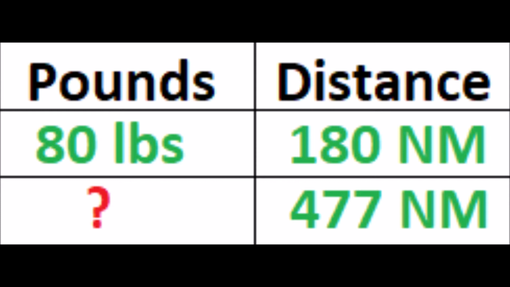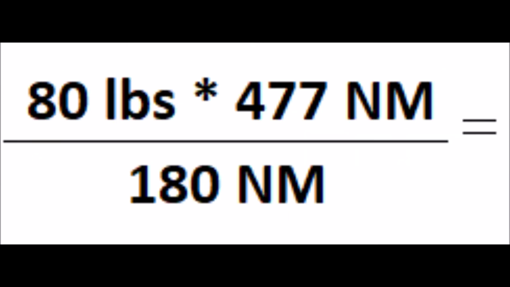We just want to know how many pounds are used in 477 nautical miles. So we multiply 80 times 477 divided by 180. And the answer is 212 pounds. Now it's time for you to practice.